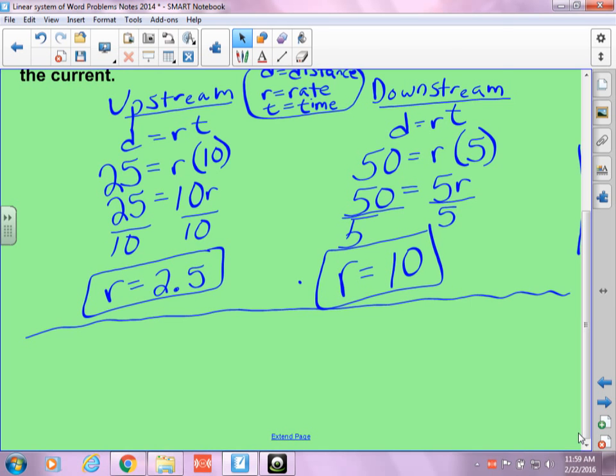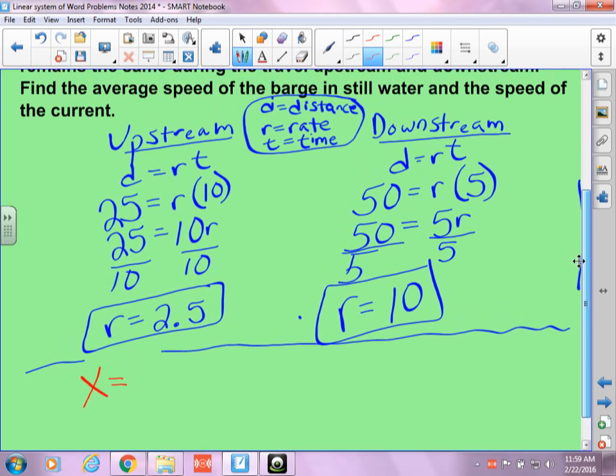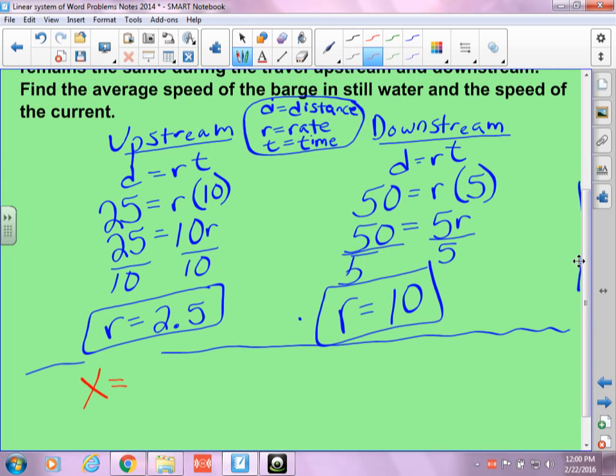All right, so that's part 1. Now we're going to go to part 2. Oh, before I do upstream, sorry, I need to define my variables. So I'm going to go X equals. Let's look at what I'm trying to find in the problem. It says, find the average speed of the barge in still water and the speed of the current.